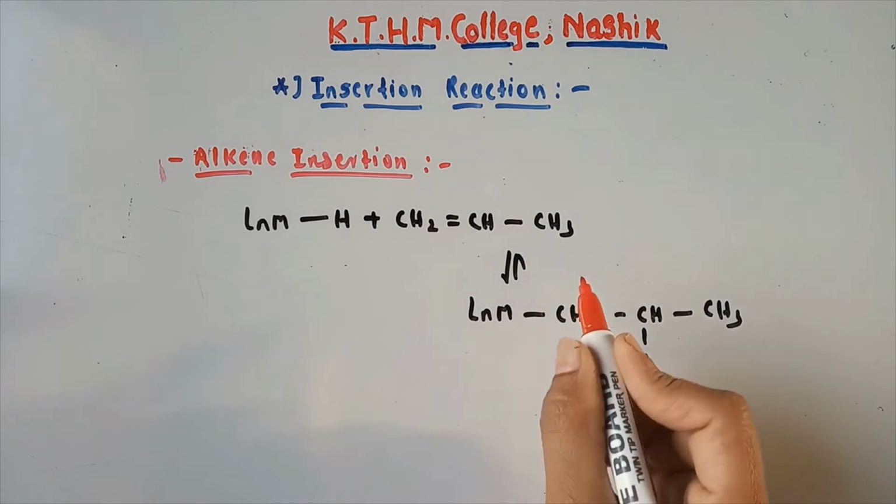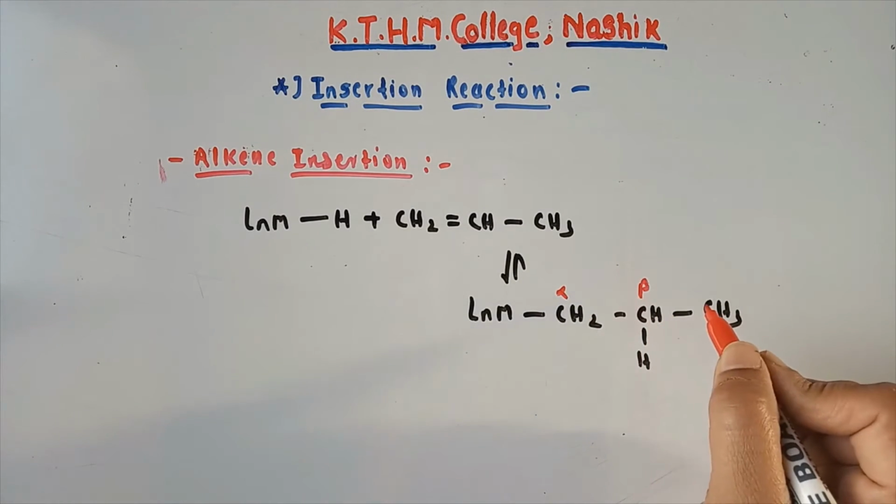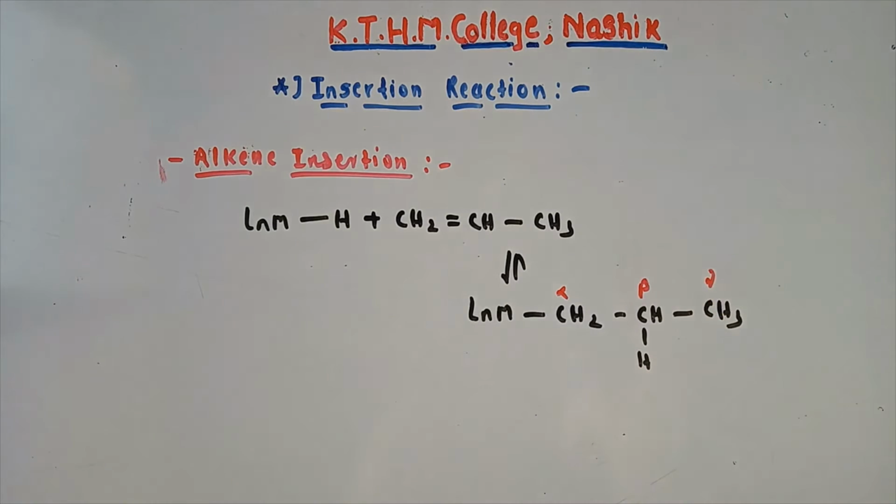So this is the metal center, and here we have alpha, beta and gamma.